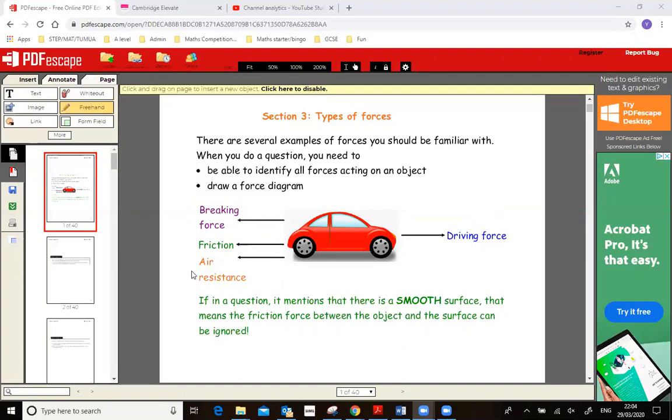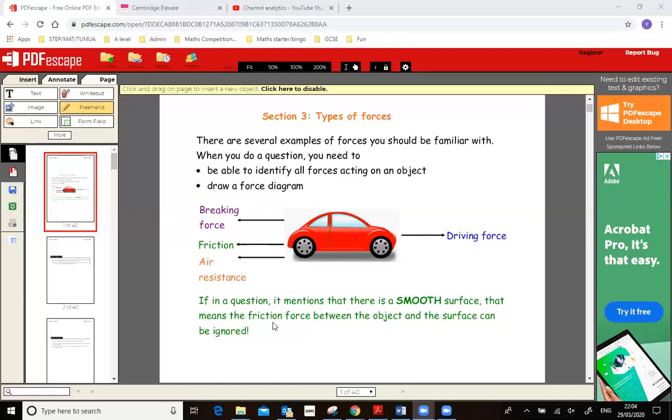And of course, we could also have air resistance. Now, let's assume that this car starts to decelerate. That means we must have a braking force to help the car decelerate. So those could be the potential forces acting on the car in different situations.